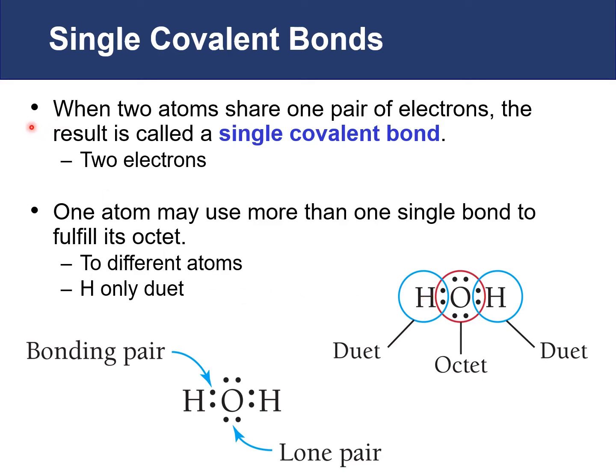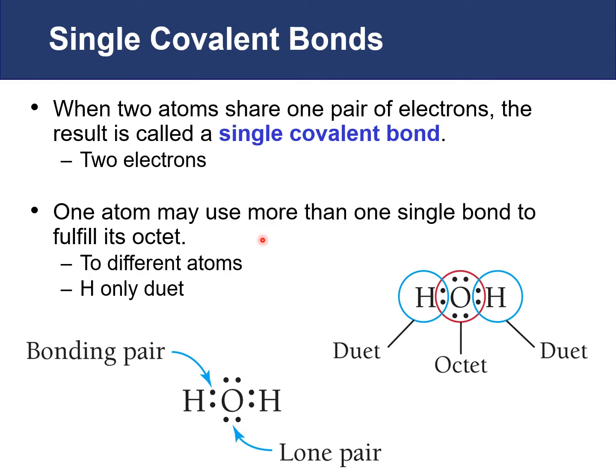When 2 atoms share 1 pair of electrons, the result is called a single covalent bond. That involves the sharing of 2 electrons total, typically 1 coming from each one of the atoms that's forming the bond. One atom may use more than 1 single bond to fill its octet.